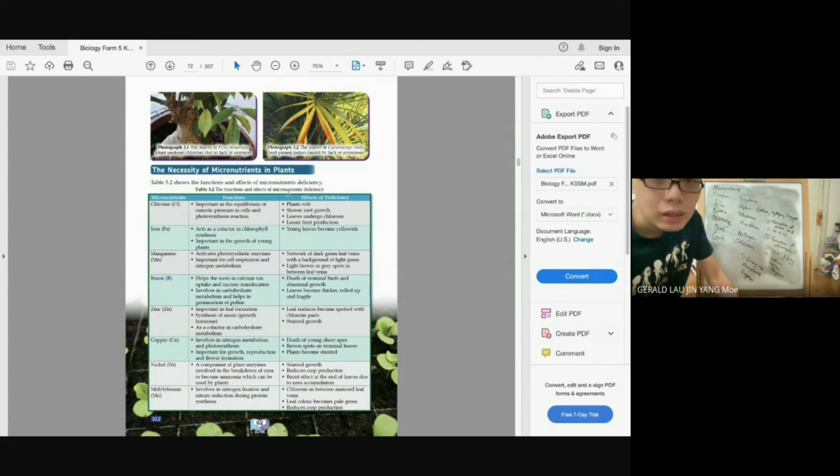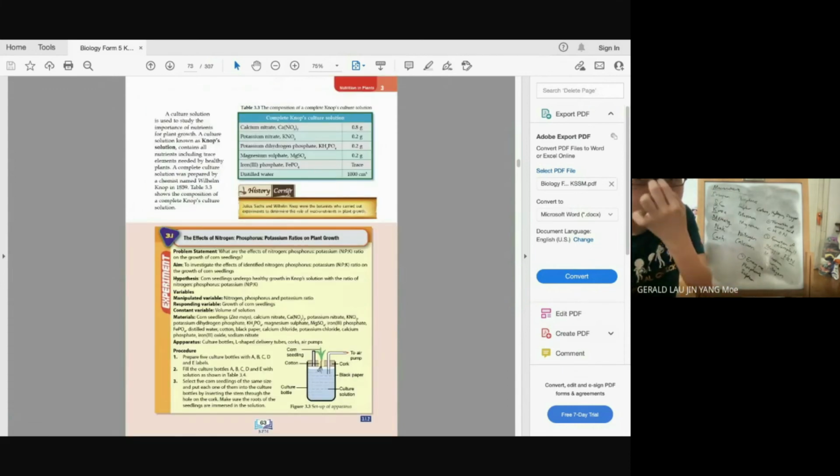Okay, and then you have to know what is NPK solution. NPK is basically the most important thing in the growth of plant, NPK fertilizer: nitrogen, phosphorus and potassium. So NPK solution consists of all this, calcium nitrate, potassium nitrate, all this.